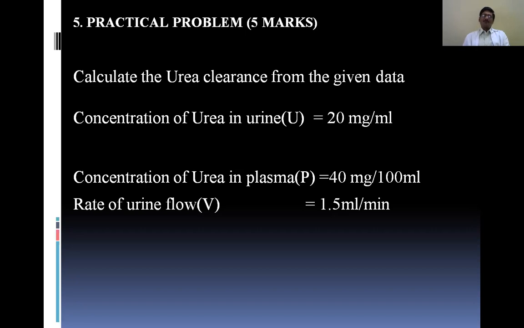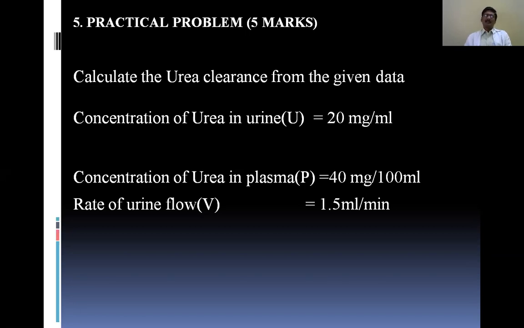When you look at the way the kidney handles urea, urea is filtered, and in the distal tubules, especially the medullary area and collecting ducts, there is a reabsorption of urea, and it enters again into the loop of Henle. There is a urea cycle that goes on there. So urea is a substance which is filtered as well as reabsorbed.